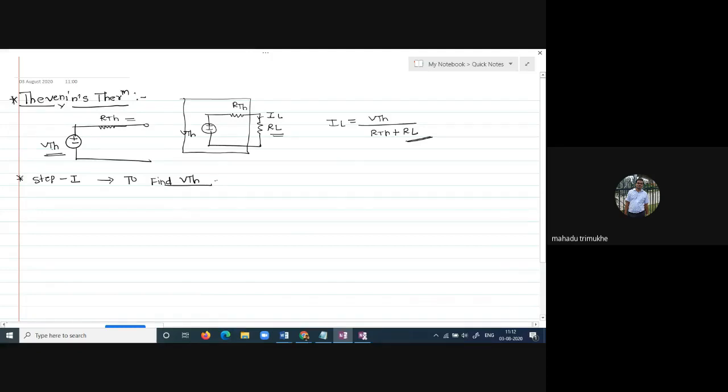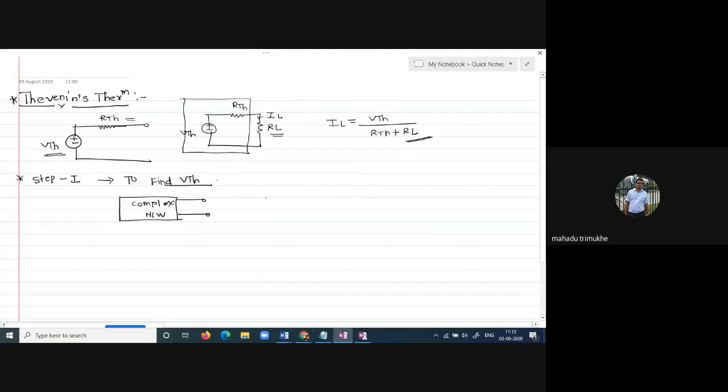So how to find VTH? Suppose in any linear resistive network, assume a complex network. Whatever load resistor is connected in the electrical network, you have to remove the load resistor RL.